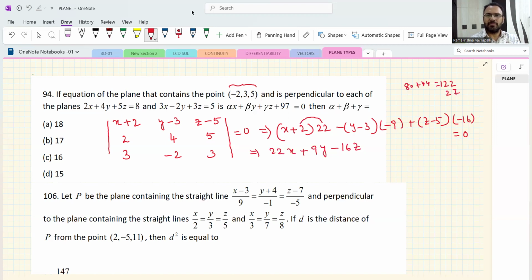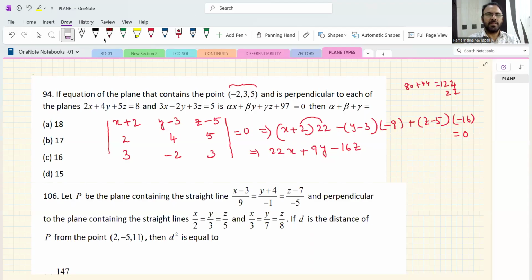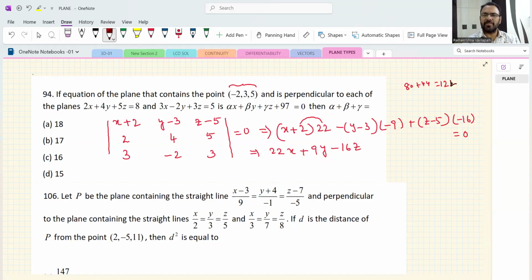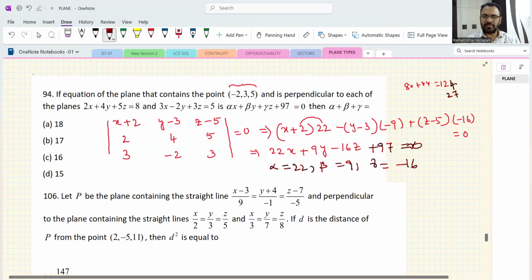This whole simplification part you can do, minus 27, that is nothing but plus 97 equal to 0. So therefore, alpha is equal to 22, beta equal to 9, and gamma equal to minus 16. It is a very straightforward question.